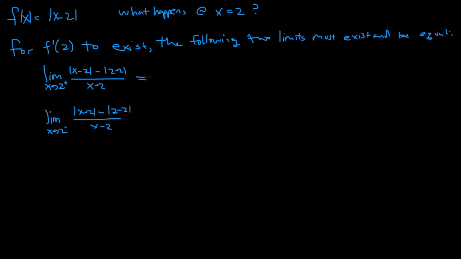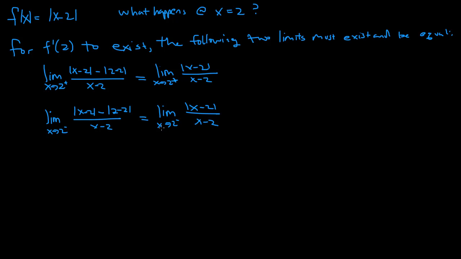Now, let's see. Those limits are the limit as x approaches 2 from the right of the absolute value of x minus 2 over x minus 2, and the limit as x approaches 2 from the left of the absolute value of x minus 2 over x minus 2.